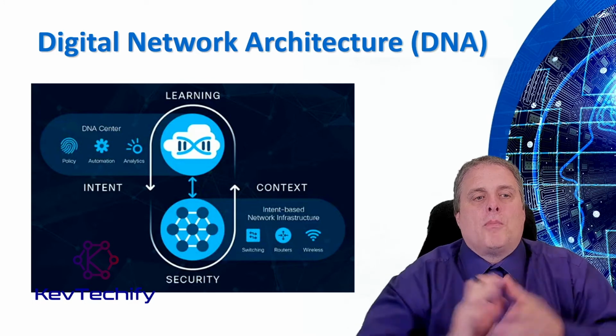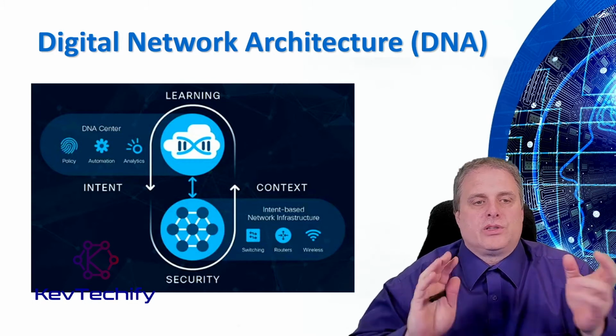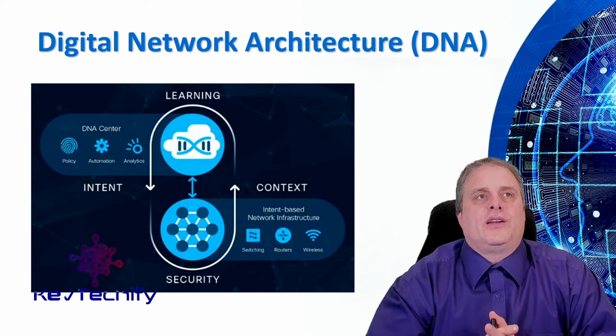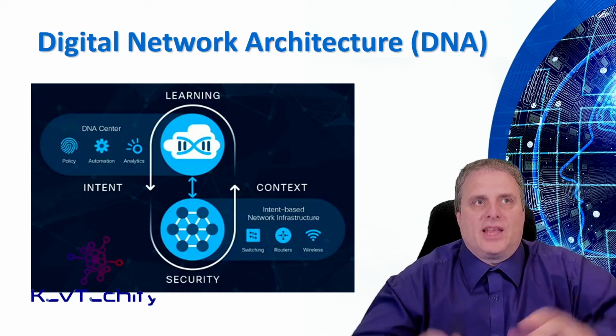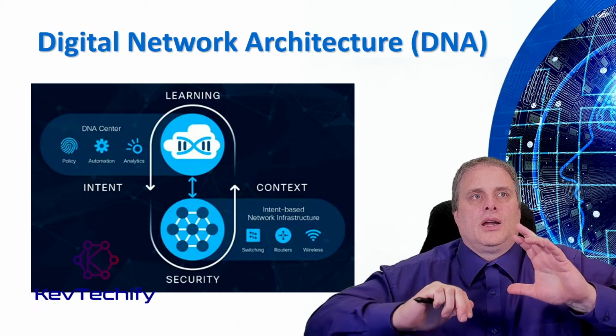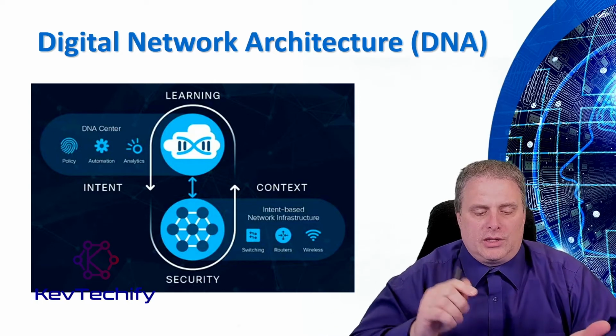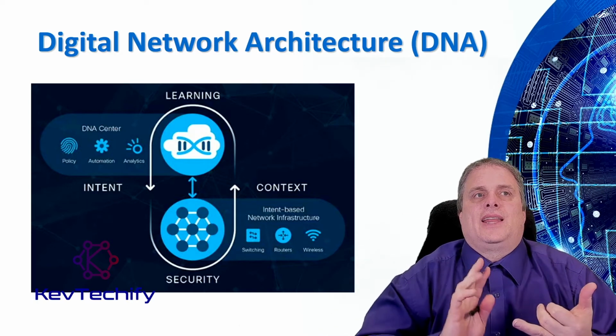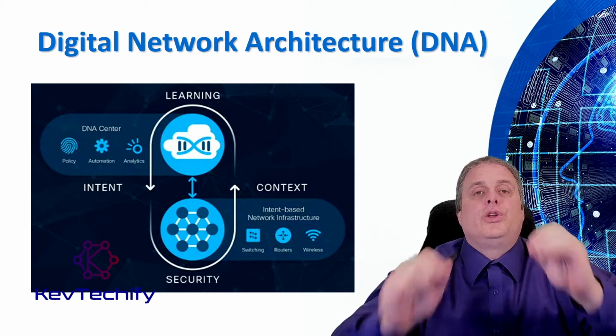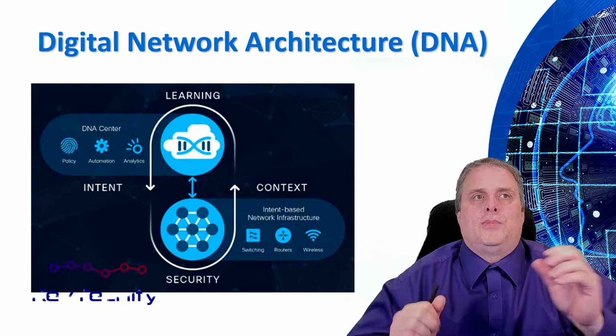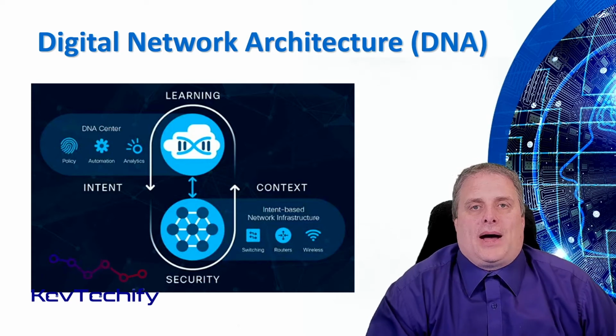And we're looking at multiple sources, the switches, the routers, the wireless. We're gathering all of that information. This information is then analyzed to make the network perform securely at its optimal level. So we're looking to make sure it's secure, but also making sure it's at the optimal level. And we're doing this all in accordance with the business intent and your network policies.